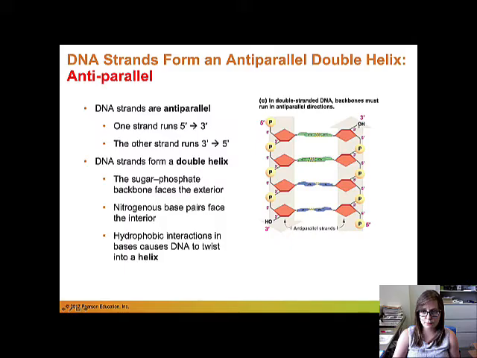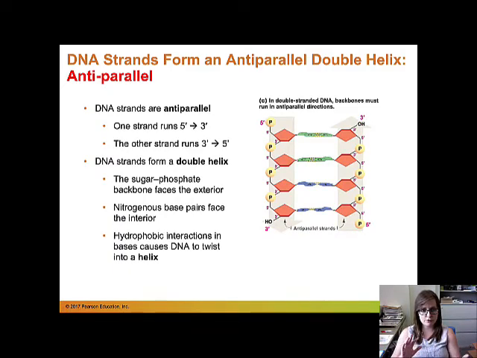The 3' hydroxyl now sticks up, right? Up here, it's still going to grow in that direction, but the 5' hydroxyl is at the other end. So this molecule is said to run anti-parallel. So 5' to 3' and 5' to 3'. And this base pairing in anti-parallel direction forms the double helix.